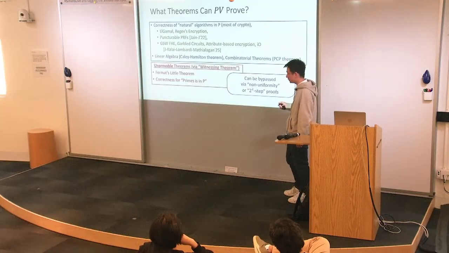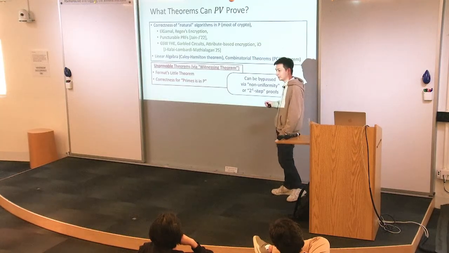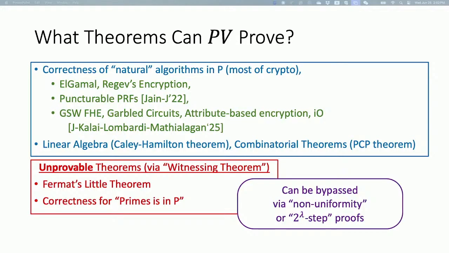But in cryptography, sometimes we are only interested in specific examples. It depends on your application. So sometimes you can leverage this non-uniformity. Maybe for each particular integer, you can have a PV proof.